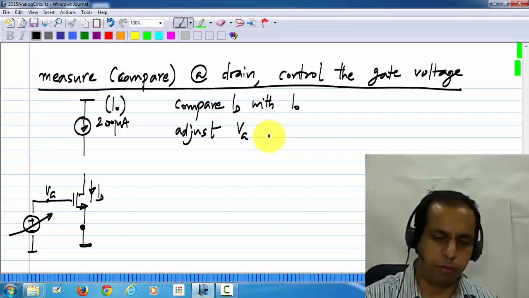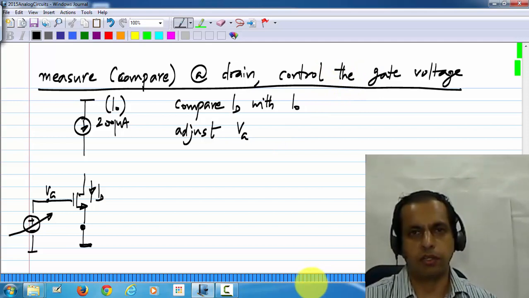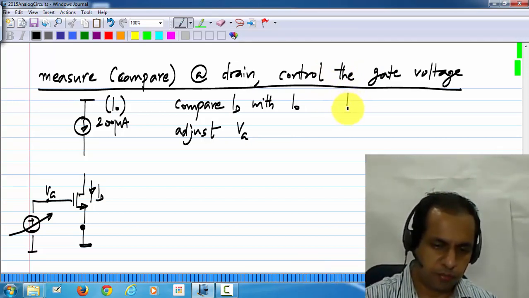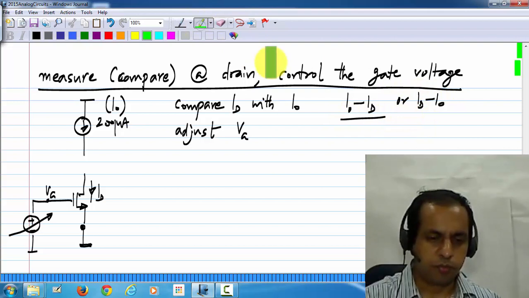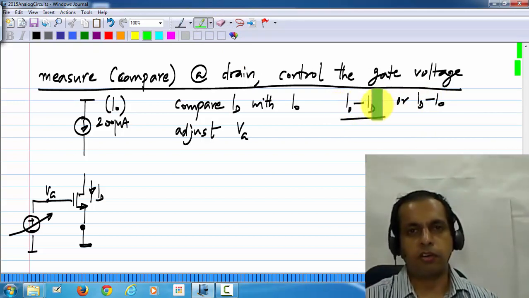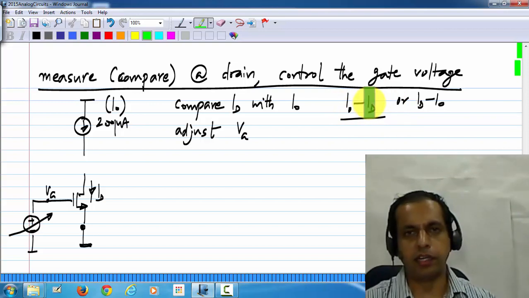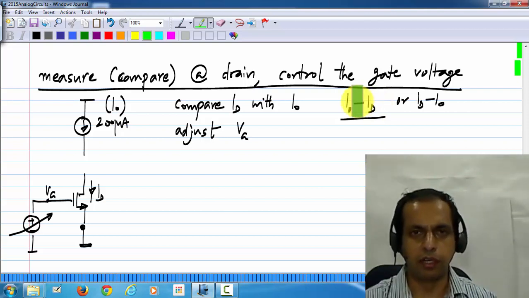Essentially I want to know whether ID is more than I naught or less than I naught. And one of the common ways of doing this is to look at I naught minus ID, or you can also look at ID minus I naught. So the sign of I naught minus ID: if I naught minus ID is positive, I know that my drain current ID is too small, and if I naught minus ID is negative, I know that ID is too large. So based on that I can do something.